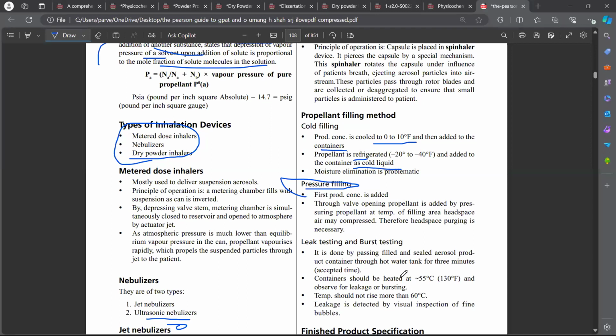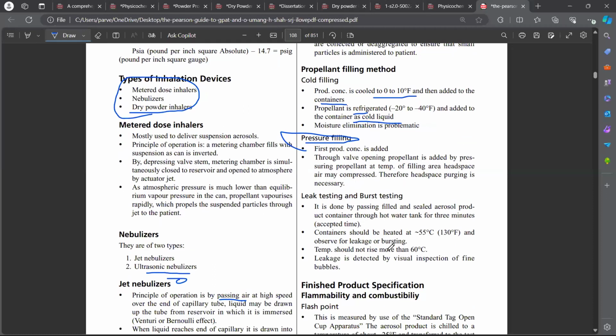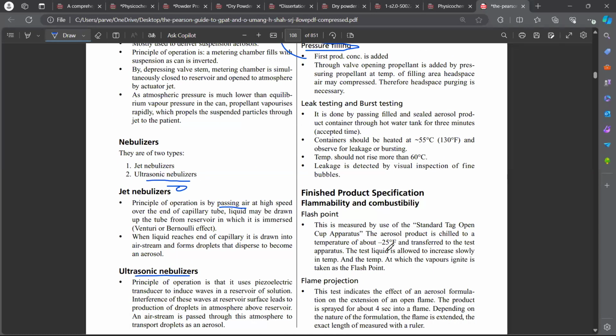Say the equipment or apparatus which is used for flashpoint. Yes, it's not the bag apparatus. It's the tag open cup apparatus. Yes guys, great. You are able to recall everything.